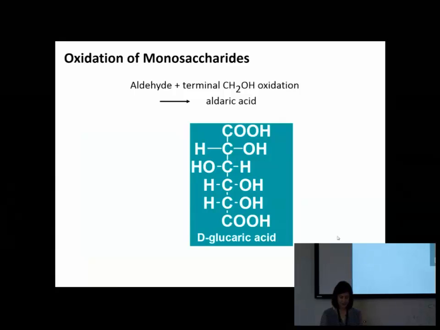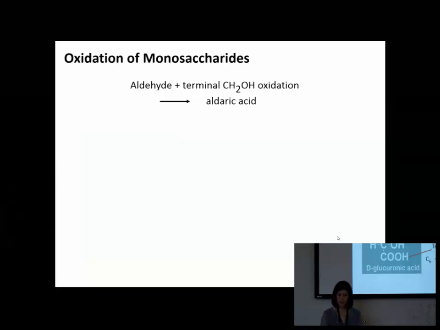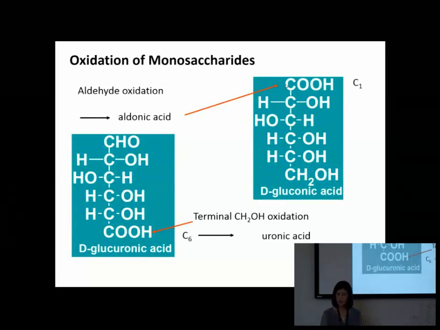So let's go over that again. Here we have glucose, and this is normally the aldehyde in carbon number 1. What we've done is made it an acid. That's an oxidation, going from an aldehyde to an acid. We call it an aldonic acid when we've taken a monosaccharide and oxidized the top carbon, carbon number 1.